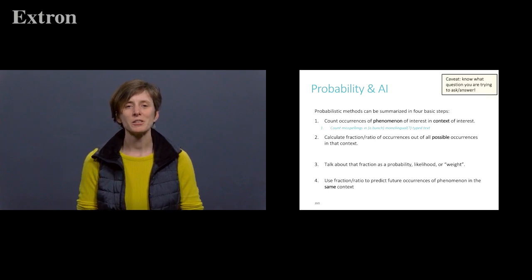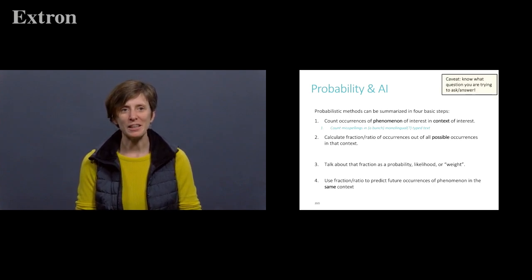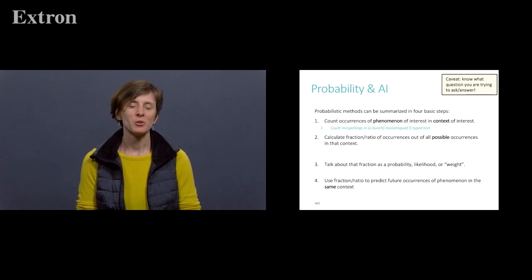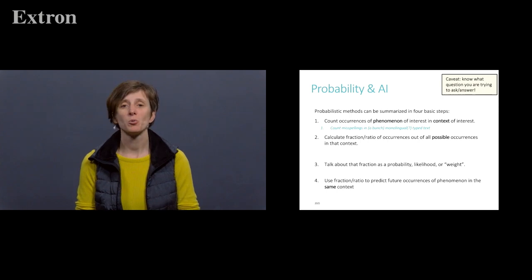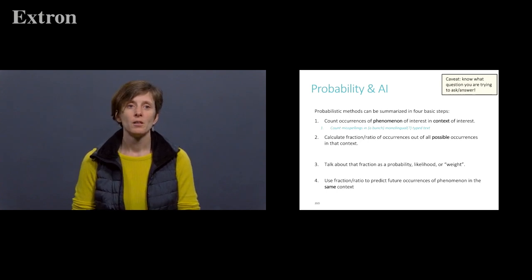Here is where it starts getting complicated with probability. What you're going to count, your phenomenon of interest, and the context in which you want to count it depend on what question you want to ask, or, in the case of technology, what tool you want to build, or for whom.